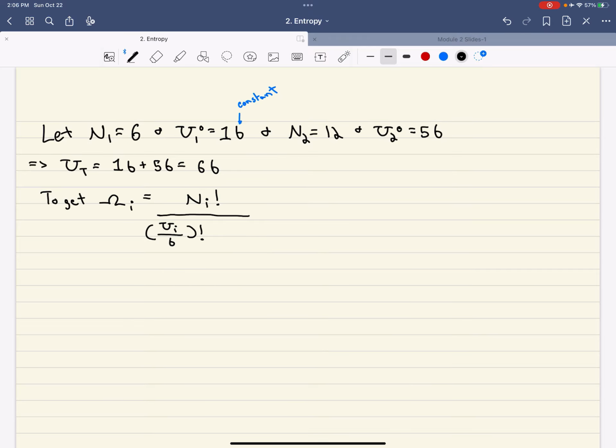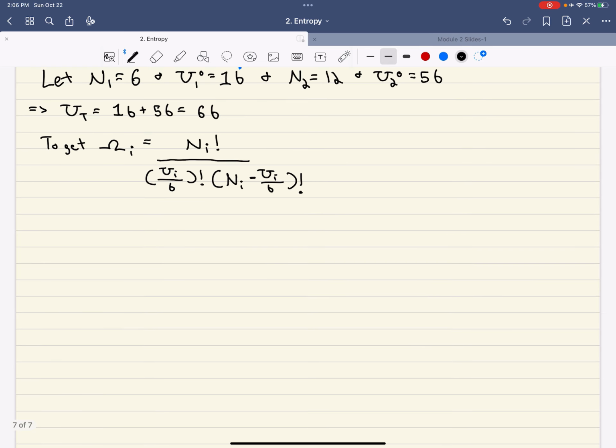I mean not the number of molecules, but the number of energy states that are possible. So we have the number of molecules that are in this energy state, and that will be divided by the number of molecules not in that energy state.